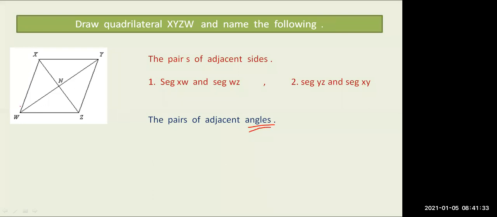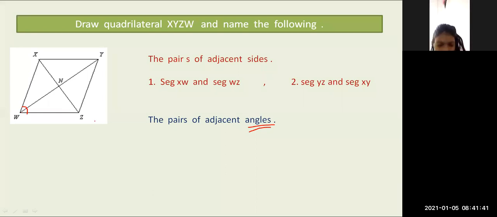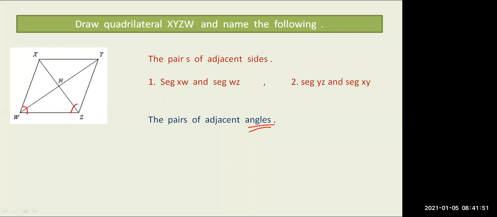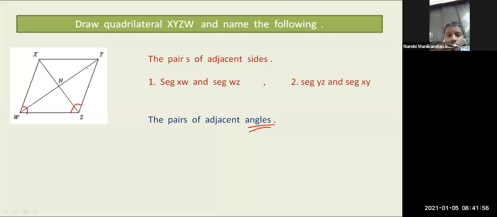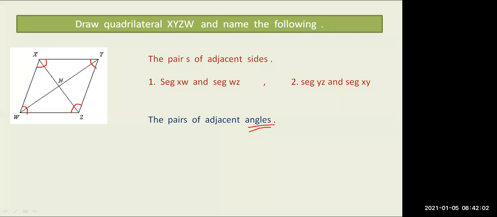Tell me. If I am talking about W, which angle is adjacent to W? Yes, Riya. Teacher, W angle is adjacent to Z angle. Yes, very good. And any other? Z is adjacent to Y angle, and Y is adjacent to X angle. Very good.